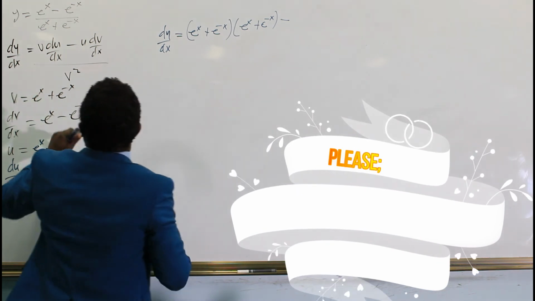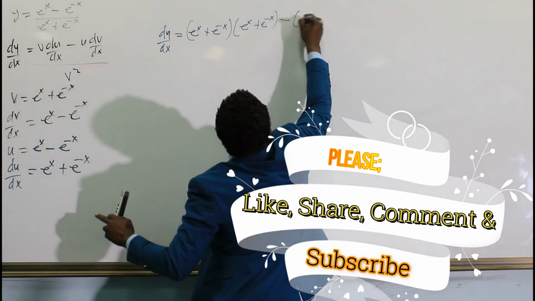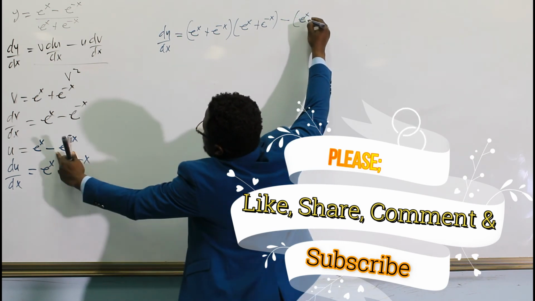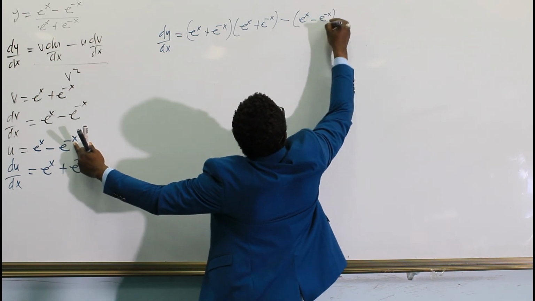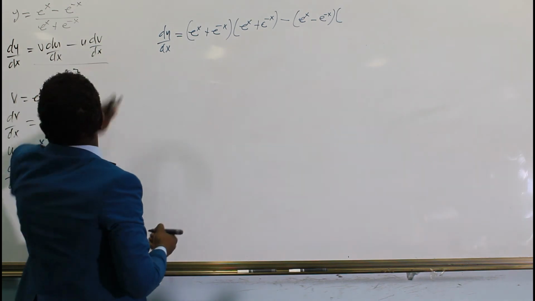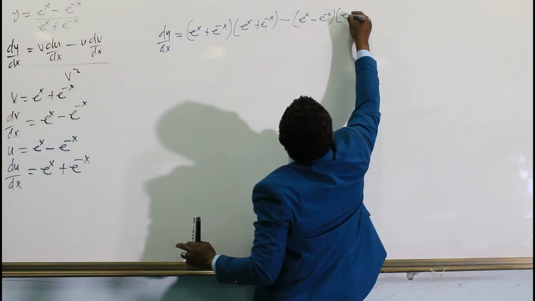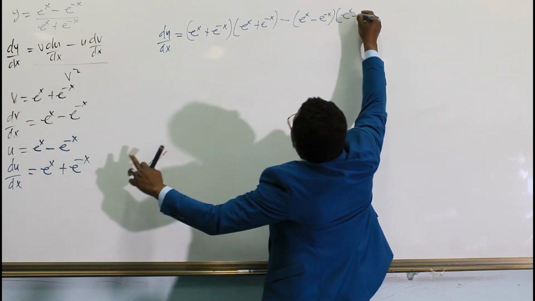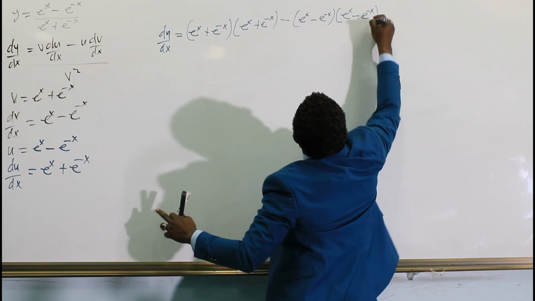And we need to then go for u, which is e^x minus e^(-x), and we are going to multiply that one by dv/dx. The dv/dx is given to us as e^x minus e^(-x).